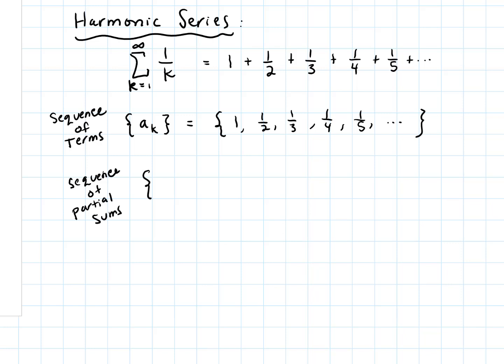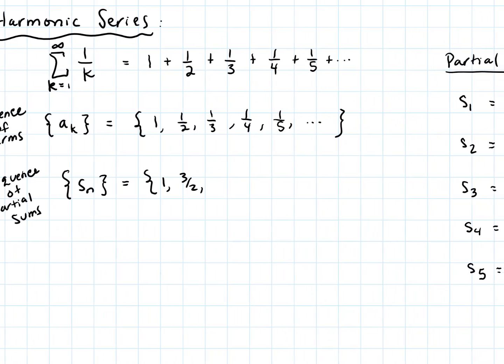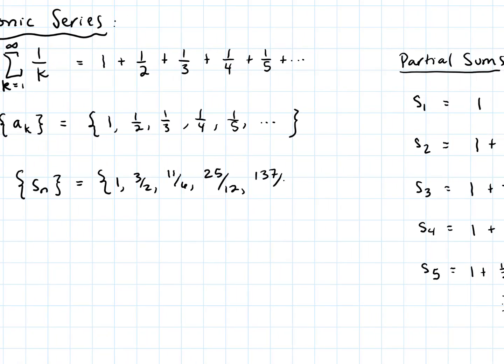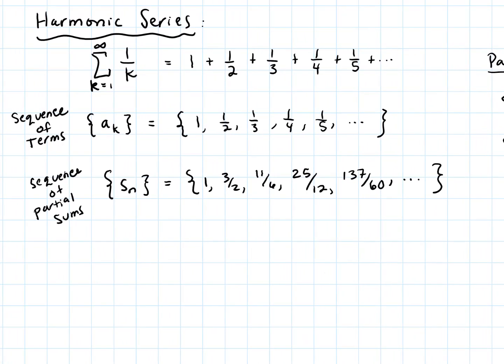And the sequence of partial sums, S sub n, would be the numbers 1, 3 halves, 11/6, 25/12, 137/60, and on it would go.